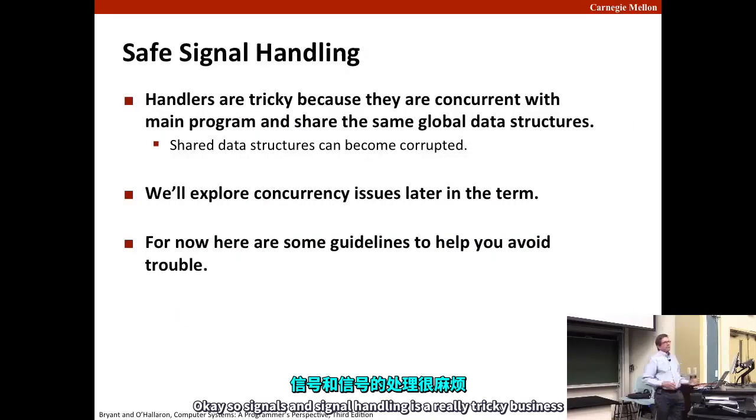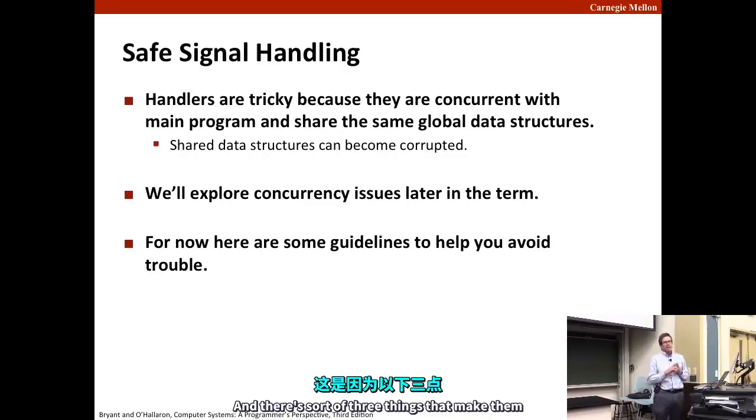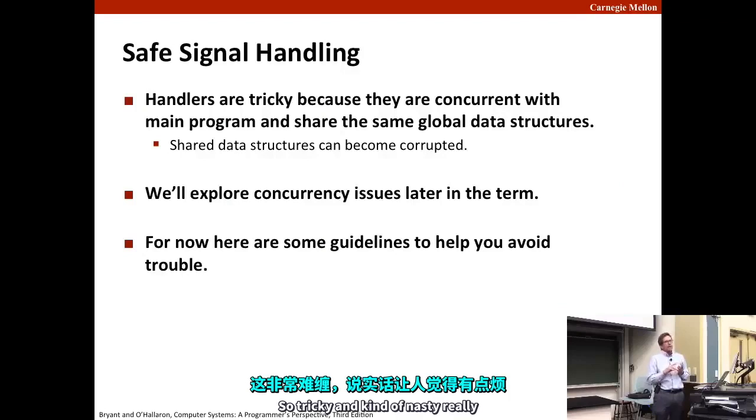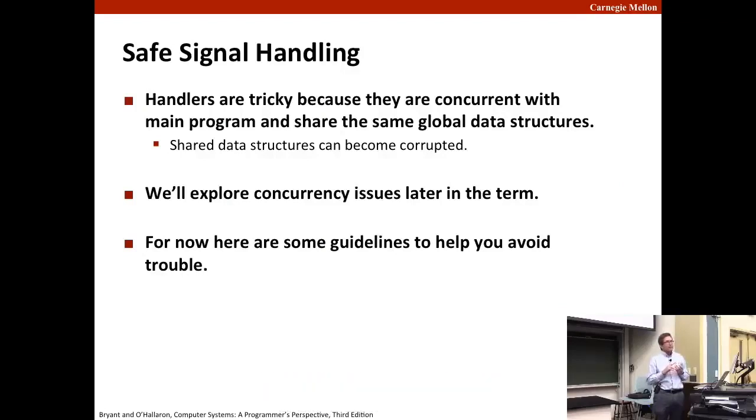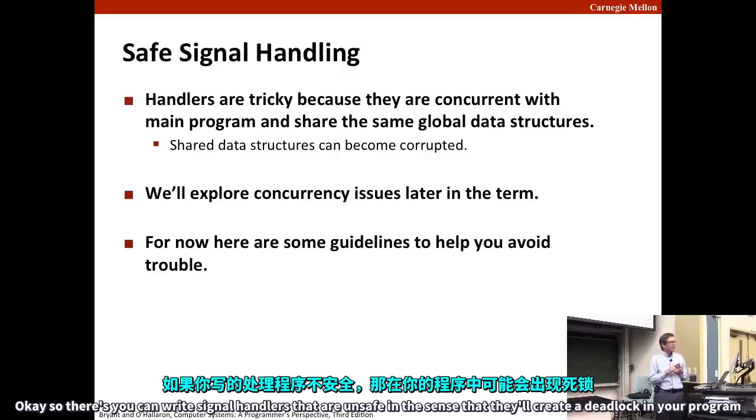Okay, so signals and signal handling is a really tricky business. There are three things that make them so tricky and kind of nasty, really. One is that you have to be very careful to write handlers that are safe. You can write signal handlers that are unsafe in the sense that they'll create a deadlock in your program.